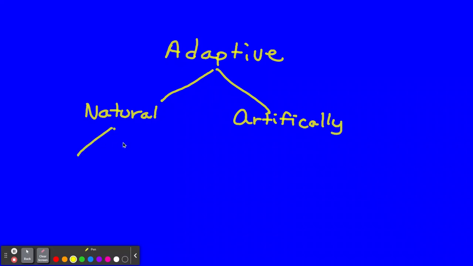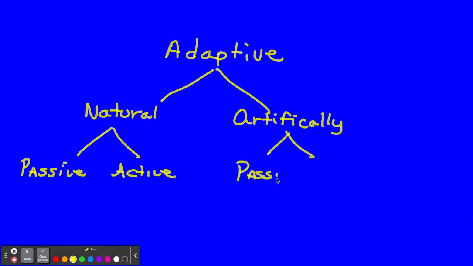And from natural, you can have passive and active. And from artificially, you can have passive. And guess what? You got it, active. So think about this with active. With active, your body is doing something. With passive, your body is not doing something, it's getting something.